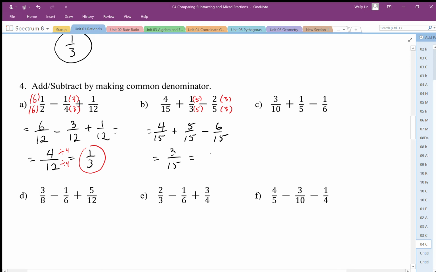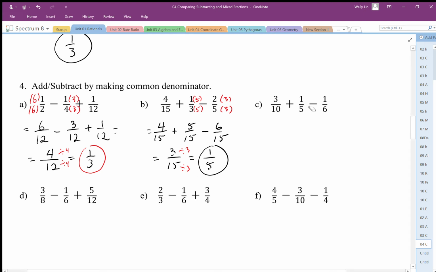Again, they share common factors, so I should divide out that common factor of 3, and I'm going to end up with my fraction of 1 over 5 in lowest terms. 3 over 15 technically is correct, but it's implied that we should try to get lowest terms when possible.